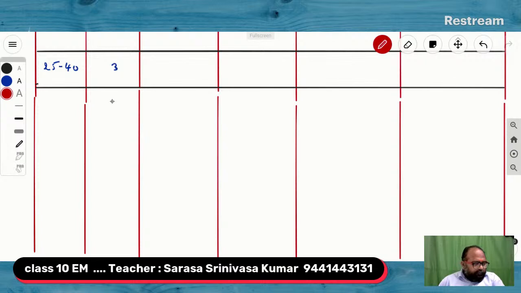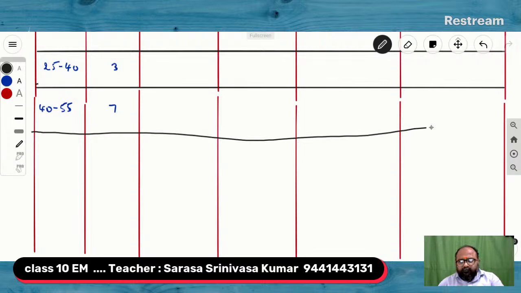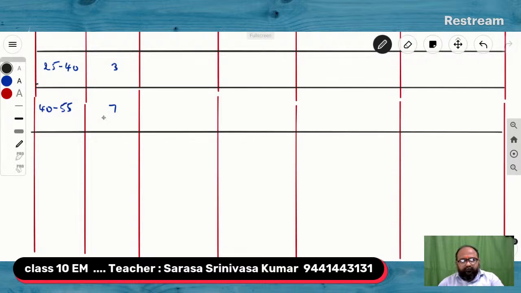Now we write 40 to 55 class interval, there are seven students. Next, 55 to 70 class interval, there are six students.